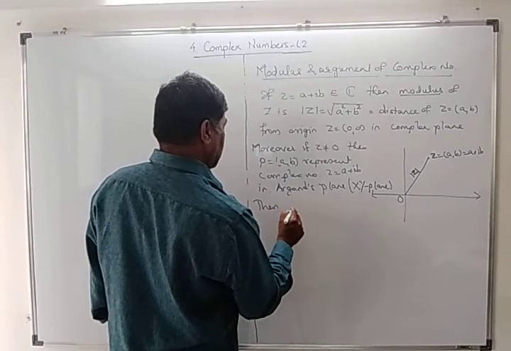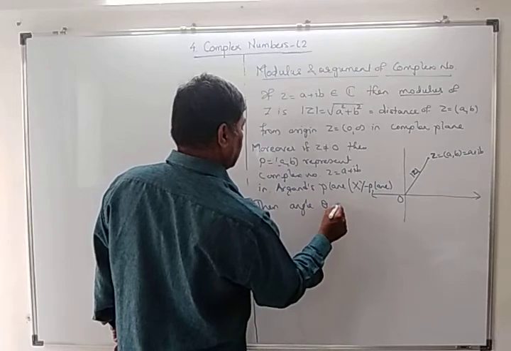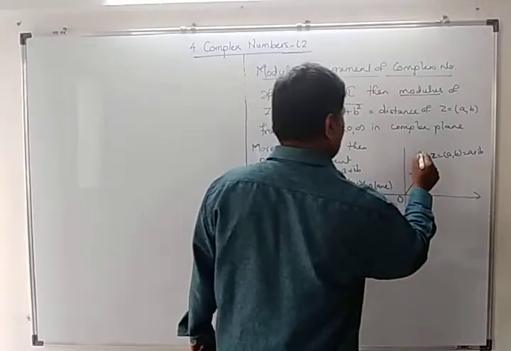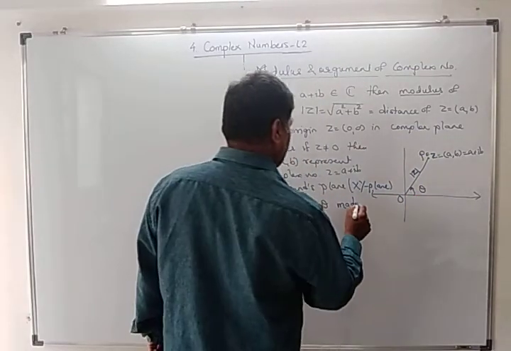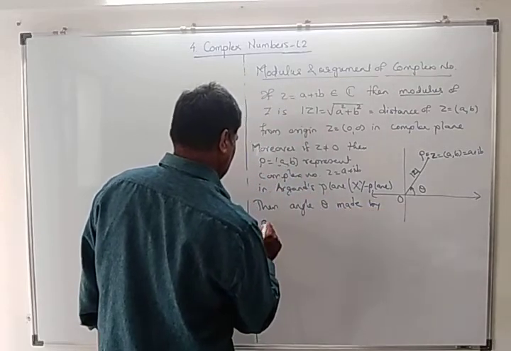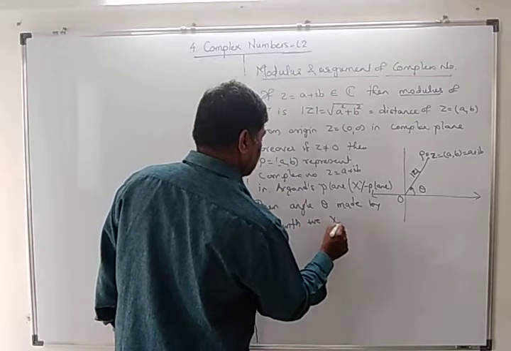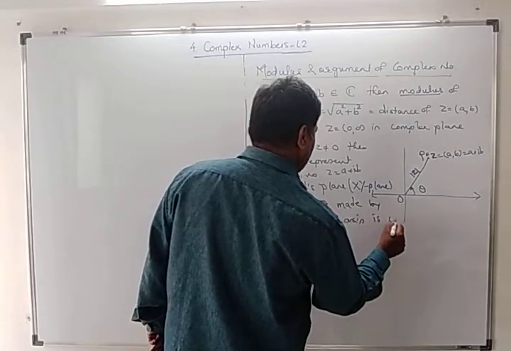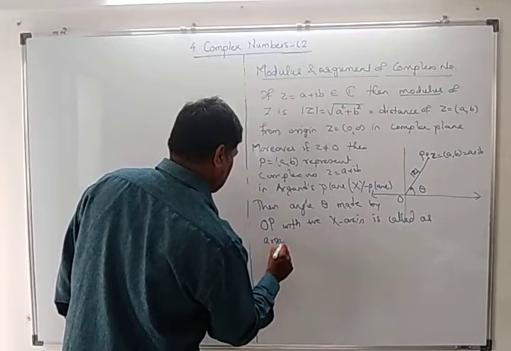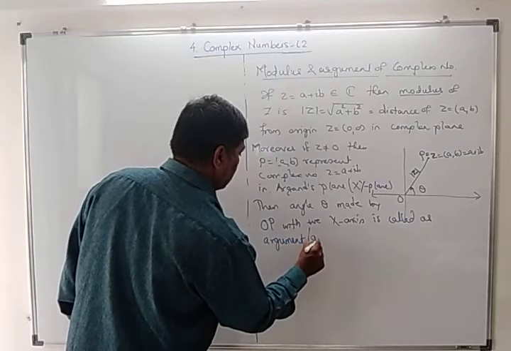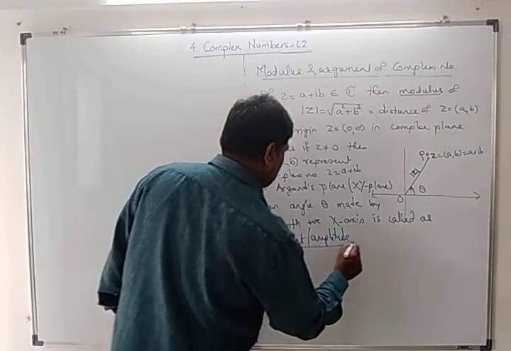Then the angle theta made by OP with the positive x-axis is called the argument, or amplitude, of z.